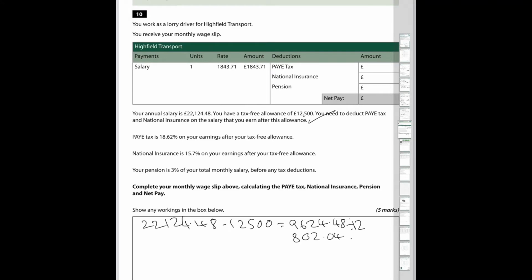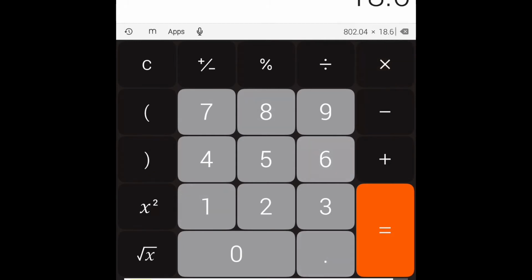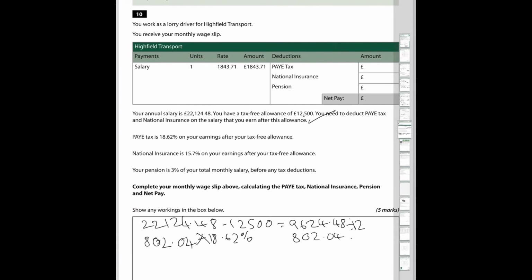What we need to do now is work out, so we've done that bit, PAYE tax is 18.62% of your earnings after your allowance. So this number here is the earnings after allowance. So we now need to work out 802.04 times 18.62%. That's 149, and we round that up, so 149.34.